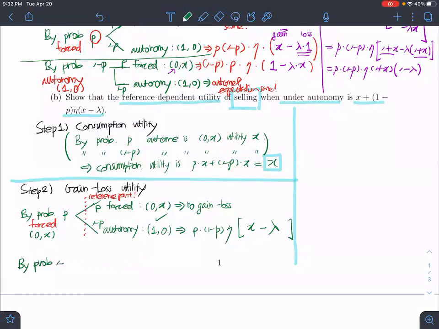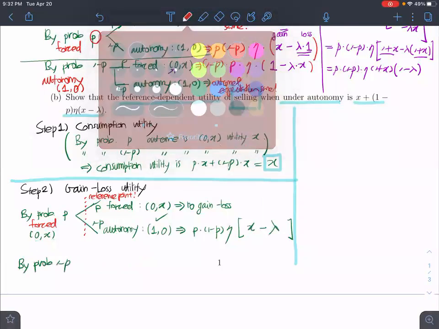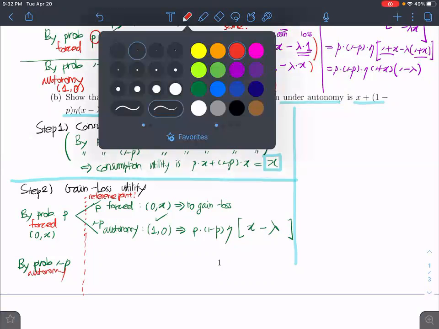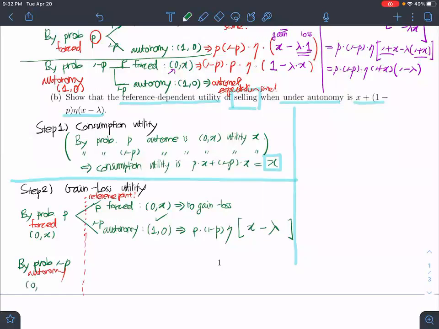By probability 1 minus P, we are in the autonomy, but in any case, I'm ending up with outcome 0, X. By probability P, this is happening in my mind, okay? My reference point, I'm forced to trade. I'm having 0, X, which is the same as my outcome. So there's no gain and no loss.